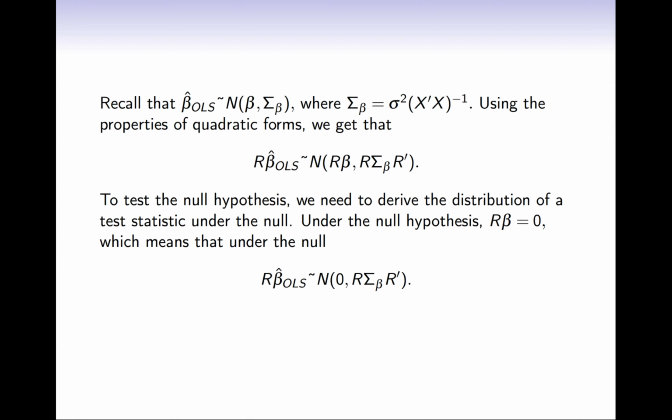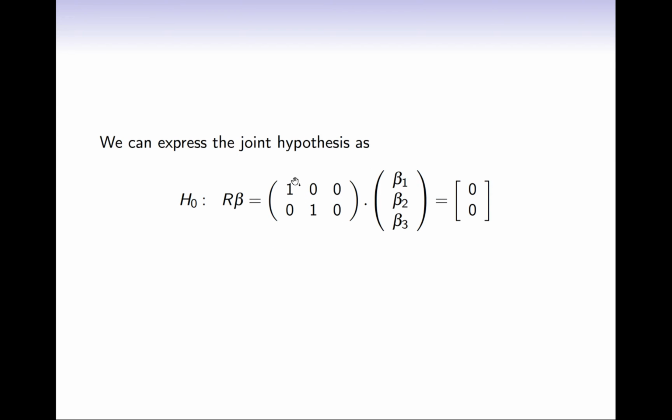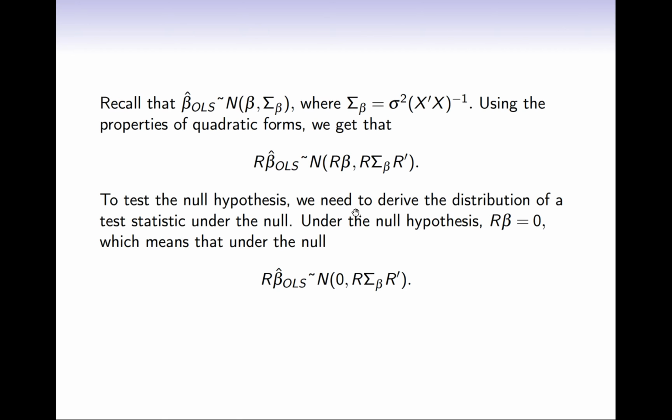All right, so if beta hat is normally distributed with mean beta and variance sigma, using the properties of quadratic forms, we get this distribution for R beta hat, where R is this, and this is called a restriction matrix. That's why it's called R, because it's capturing the restrictions we're testing.